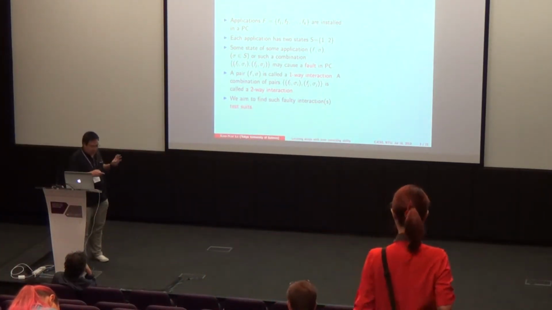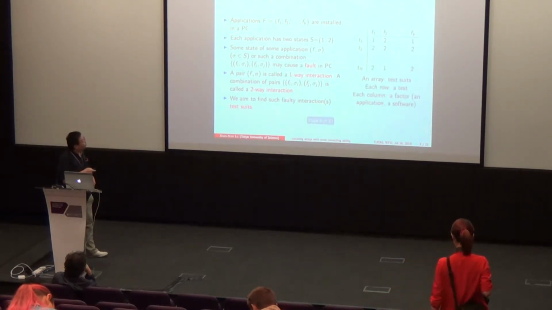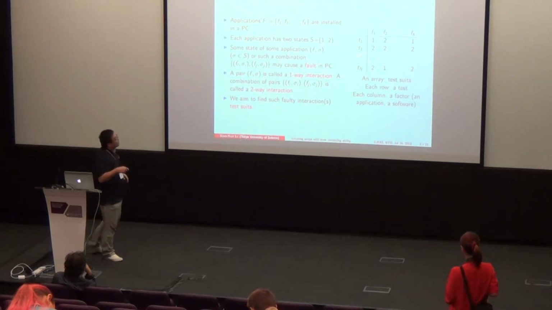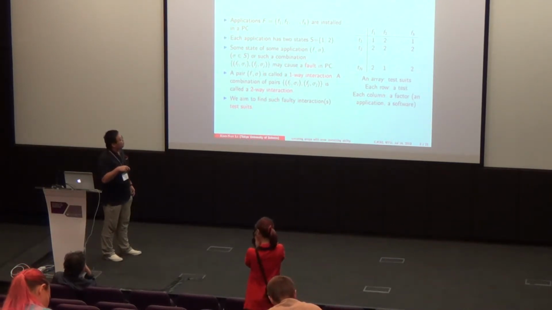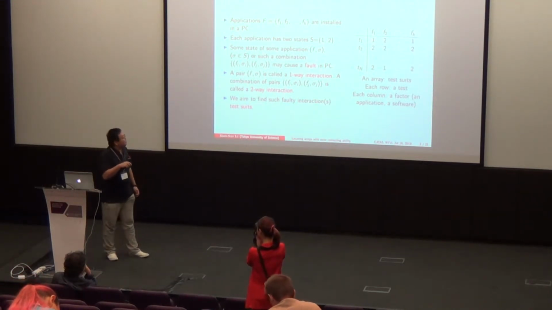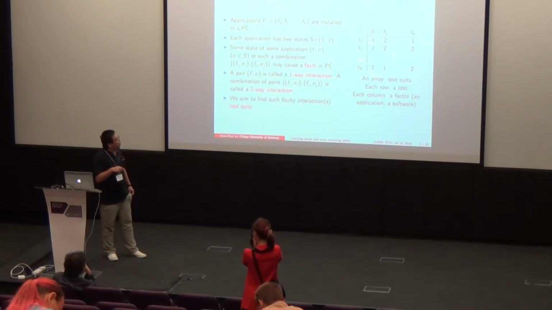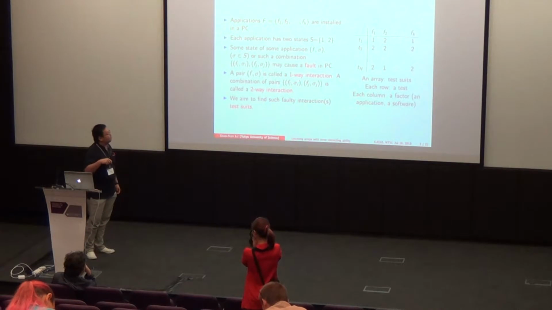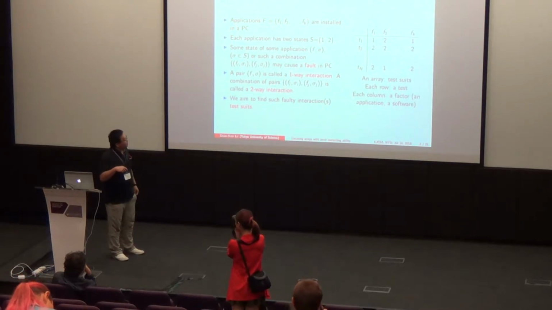In order to find such things, we introduce test suites. For example, this is a test suite, and it is naturally represented by an array whose entries are the statuses from this symbol set, that is 1 or 2, and each row corresponds to a test, and each column corresponds to some application.